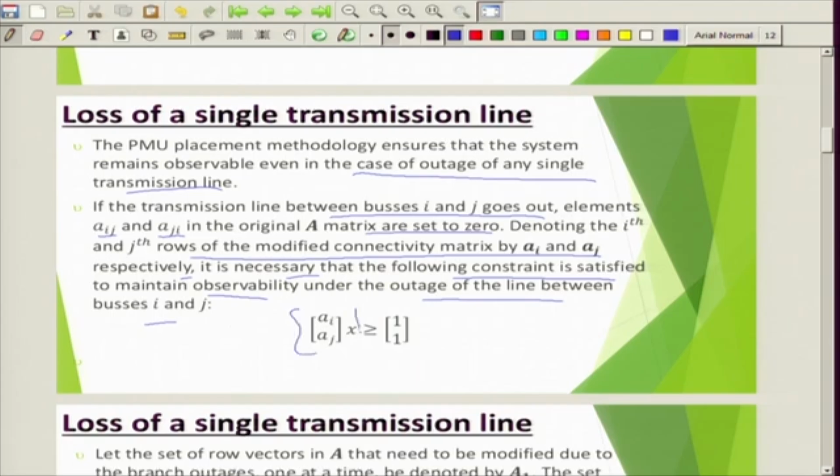The entry where the line is gone would be 0. So, the row corresponding to Ai and the row corresponding to Aj multiplied by x should be greater than or equal to 1. This indicates that at least one measurement will be visualized at any given point of time, even in such an outage.